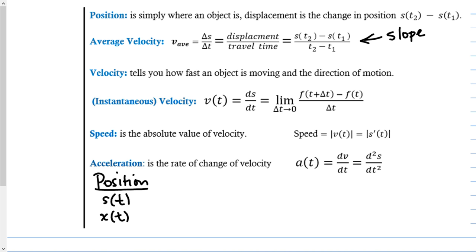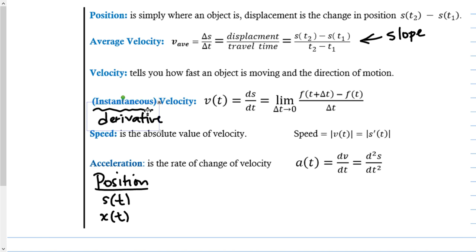Velocity tells you how fast an object is moving and in the direction of the motion. In this class, you can find average velocity, which is the slope that we just talked about, or instantaneous velocity. And instantaneous velocity is actually going to be the derivative.